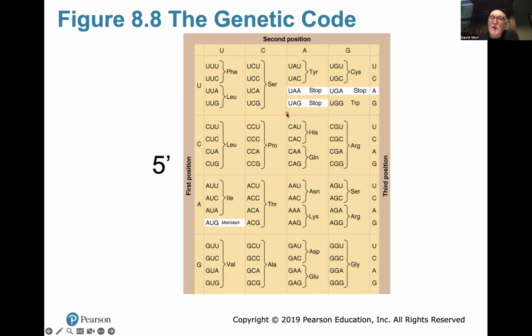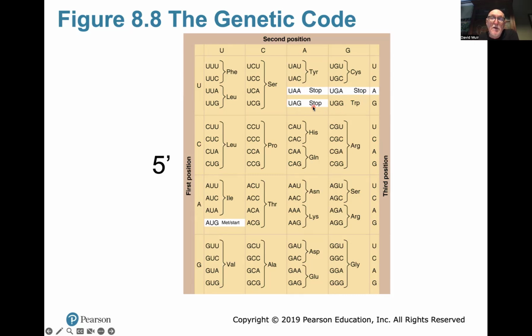But we have some other codons which do not code for an amino acid at all. And they are these 3: UAA, UAG, and UGA. These are the stop codons.